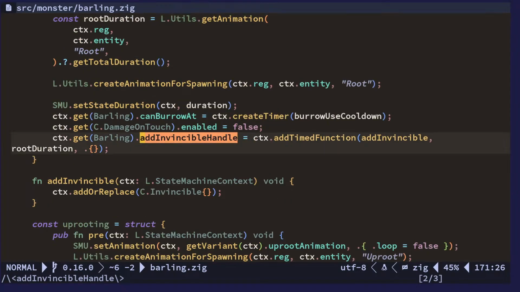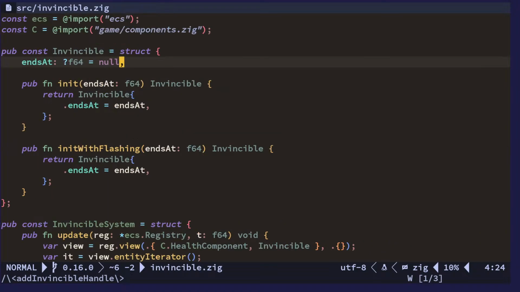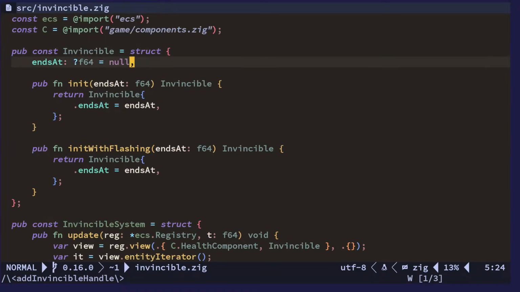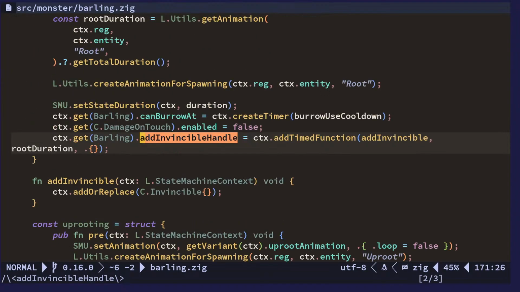Okay, so the burrow adds invincible for a time. Yeah, but the invincible actually has its own duration, so we could just add it there, right? Why would we need this?